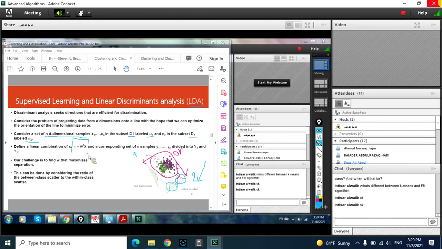We want to project X to another space, to another line, to find new data that we can classify in a simple way.